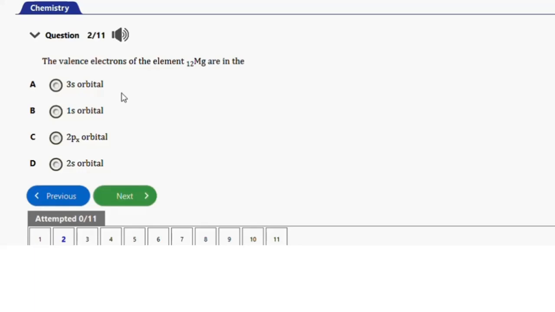So in the 3s, that's where you're going to have the 2 valence electrons that exist as the outermost shell electrons. Those are the electrons that are given out when magnesium takes part in a chemical reaction. So the valence electrons of the element magnesium are in the 3s orbital. Very important.